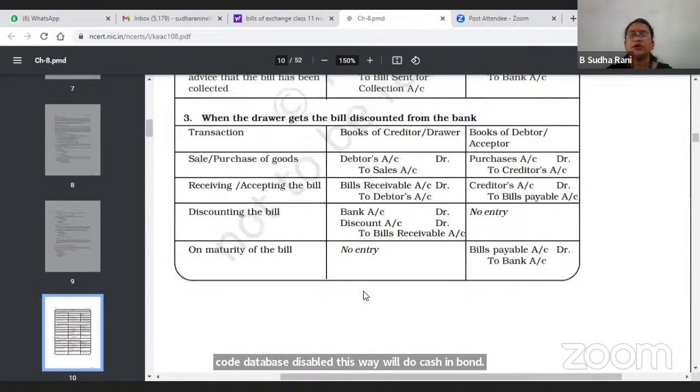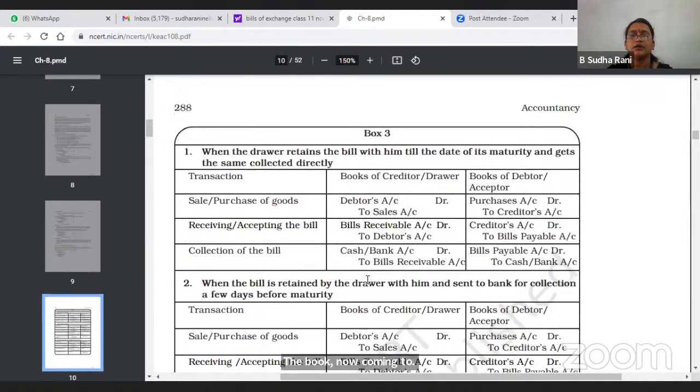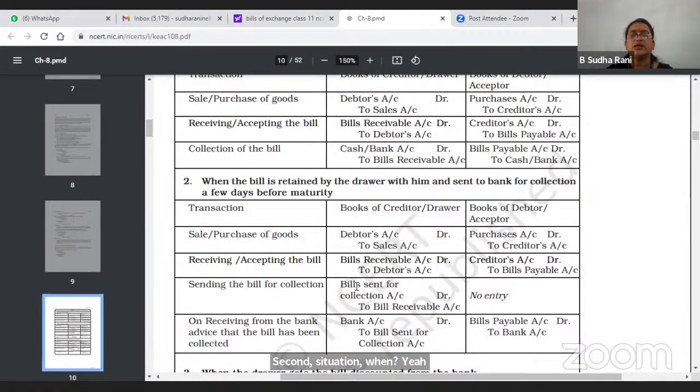Now coming to the second situation. The second situation is when the bill is sent to bank for collection, that is generally if the drawer is a busy person, so he asks his banker to collect his bills on his behalf. So he will send the bills to his banker to collect on his behalf.